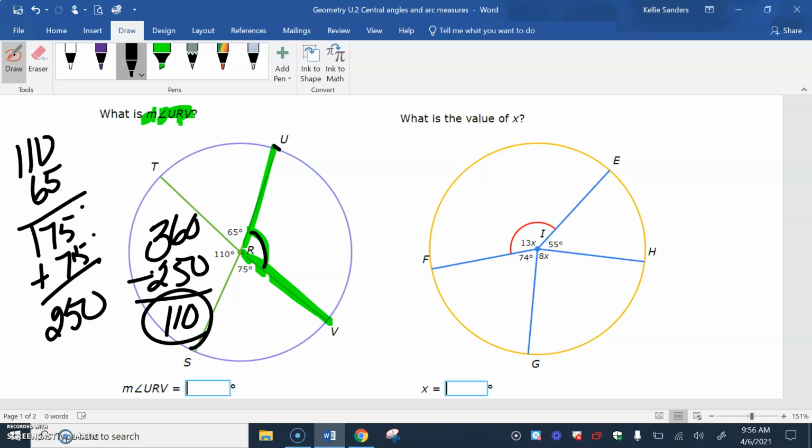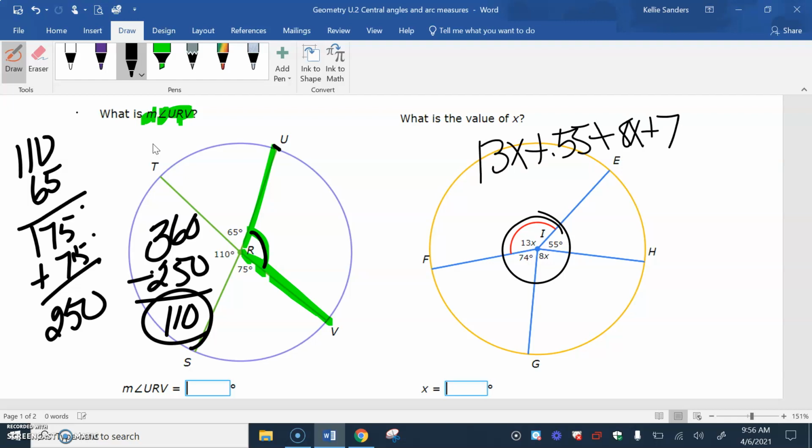Okay, we want X. All of these added together is 360. So 13x plus 55 plus 8x plus 74 is supposed to equal 360. These are like terms.